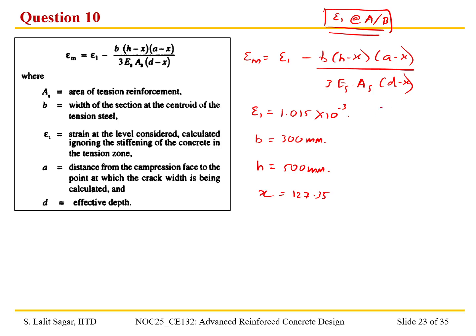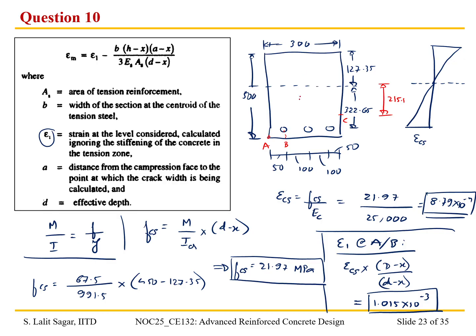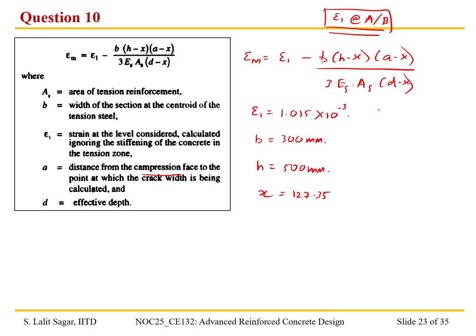And then what is the value of a? a is the distance from the compression face to the point at which the crack width is being calculated, that is from here to the points A and B. That is the overall, the full depth. And this value is different when we consider the point C. Okay, so a is equal to 500 millimeter, and we know that Es is 2 into 10 to the power 5 MPa, and As is how much?